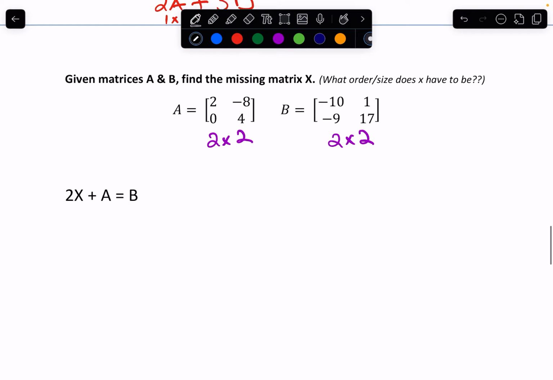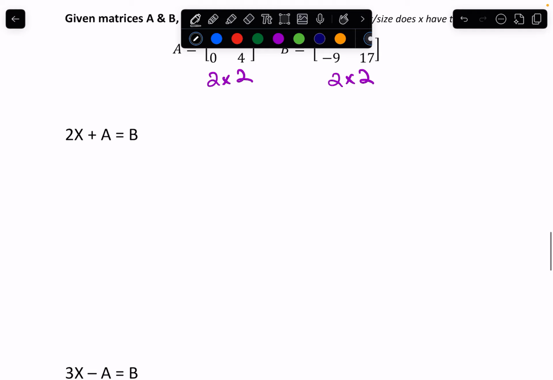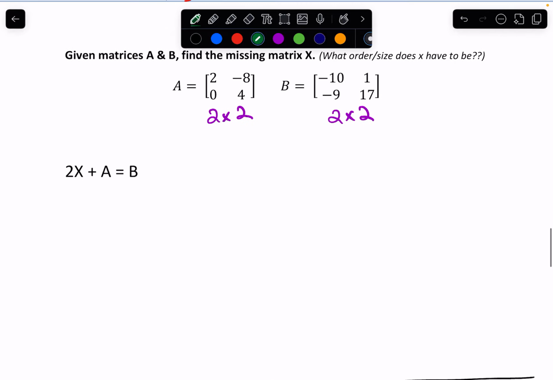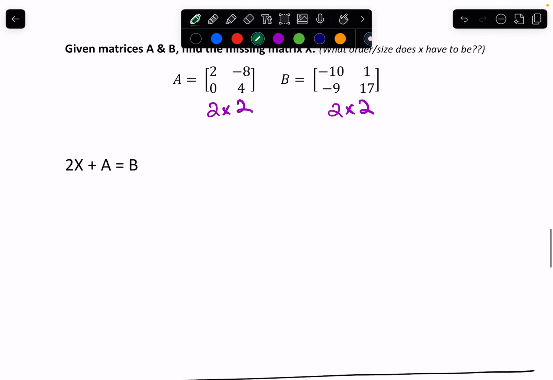In our first example here, we've got 2x plus A equals B. In order for us to add the x and the A, what order does it have to be? It needs to be the same as matrix A, so it needs to be 2 by 2.